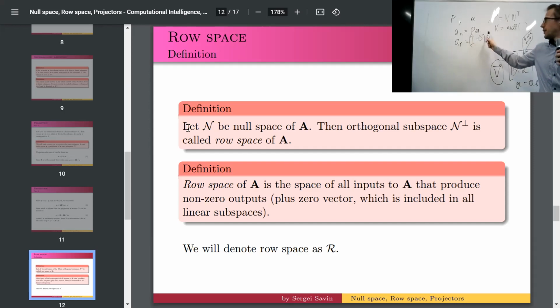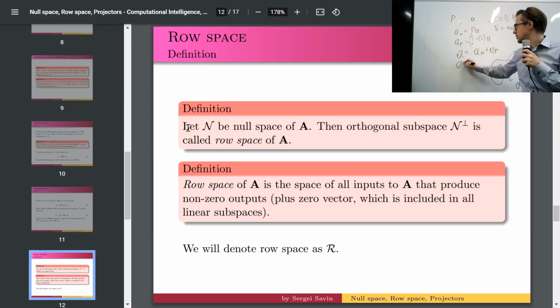Now, coming back to this, what you can say is A would have to be equal to two components, AN and everything else, AR. We'll just call it everything else for now.